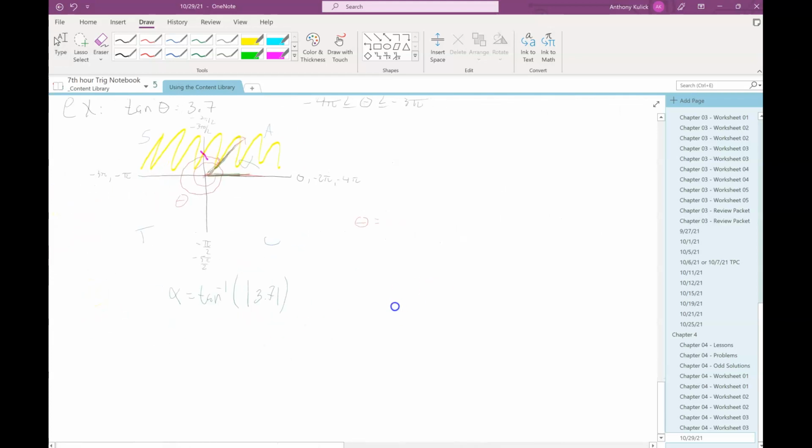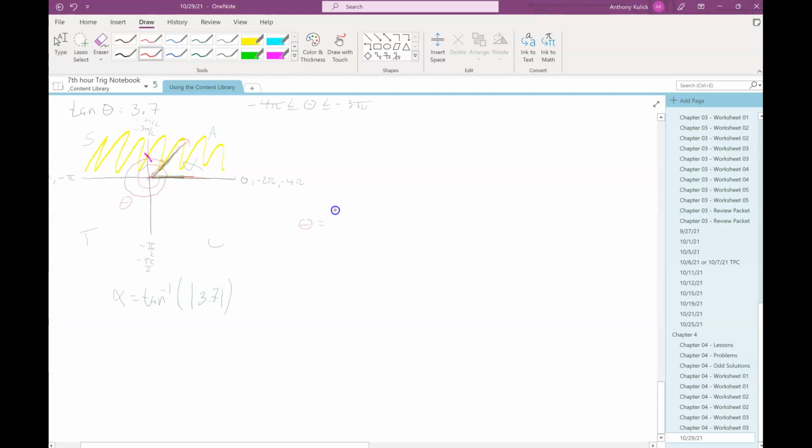So you don't have to really look at the picture and come up with what you're doing. We should be adding it to negative 4 pi, because that's the end of the x-axis that we put theta on.